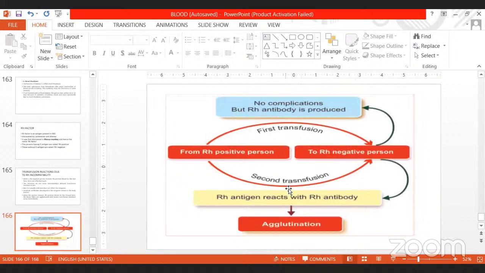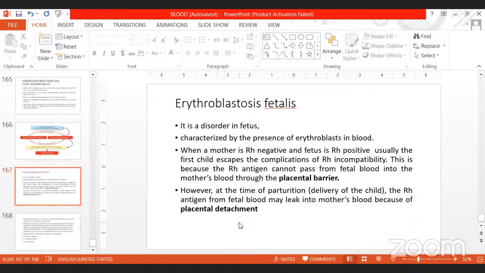with the antibody, and a severe and immediate response will be there with severe agglutination, and the condition known as erythroblastosis fetalis, which is a disorder in the fetus where erythroblasts, the immature RBCs, are present in the blood.